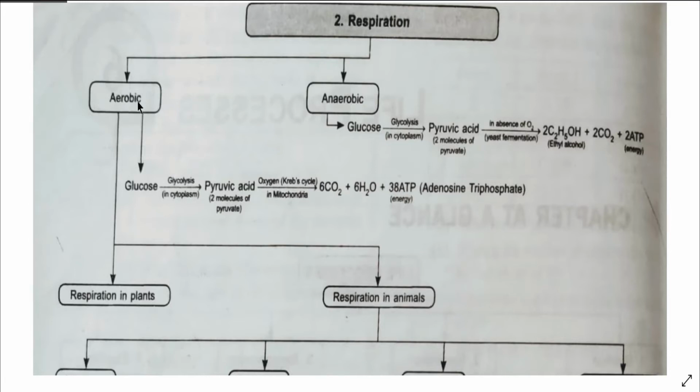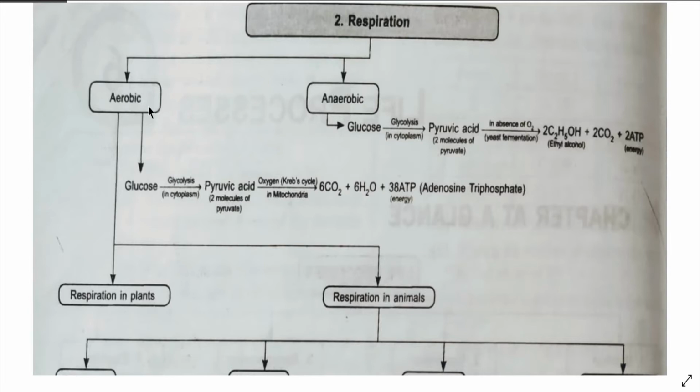The first is aerobic respiration. What is aerobic respiration? A type of respiration in which the breakdown of glucose occurs in presence of oxygen. And anaerobic respiration, just opposite to it, is a type of respiration in which the breakdown of glucose occurs in absence of oxygen.